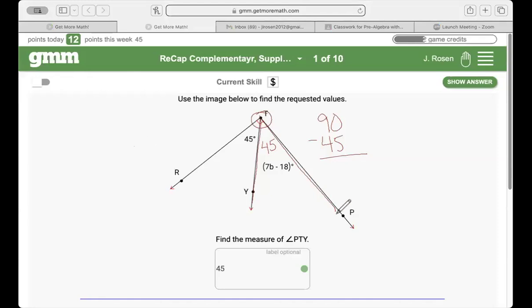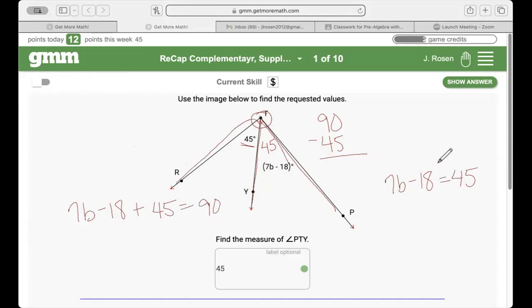So there's a couple ways we could do that. We could say 7B minus 18 equals 45, since we know that that's what that equals, right? Or if you don't want to do it that way, you could say 7B minus 18 plus this side over here equals the entire angle, which is 90. You could choose either one.